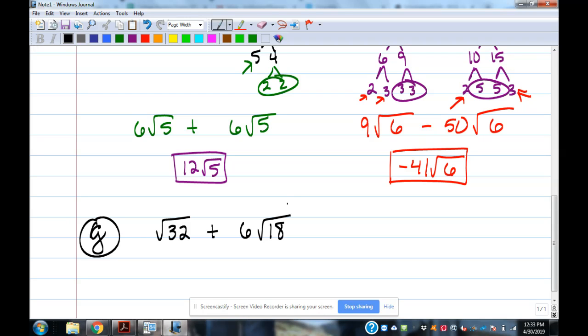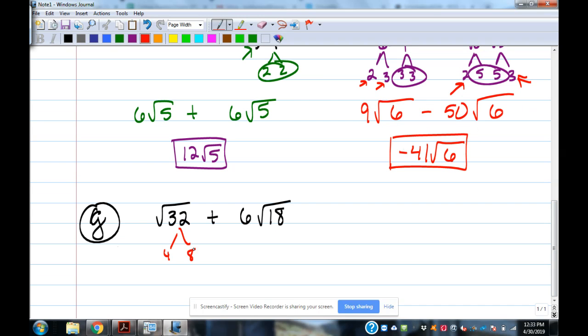Here's one that doesn't have anything in front of the 32, but it's square roots. They don't look like like terms, right? So break 32 and 18 down. 32 is going to be 4 times 8, which is a good way. 4 is 2 and 2. 8 is 4 and 2. Another set of 2s. So that's 2 pairs of 2s.